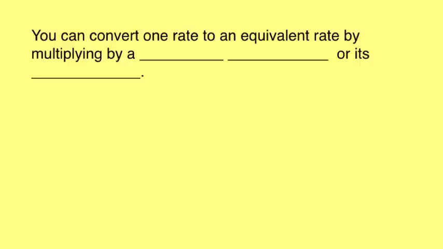We're going to go ahead and fill in the blanks here. You can convert one rate to an equivalent rate by multiplying by a unit rate. So we'll put unit rate in the first two blanks, or its reciprocal.